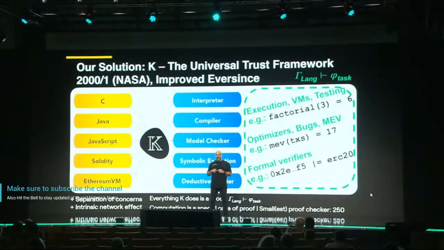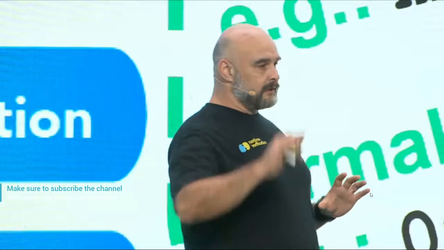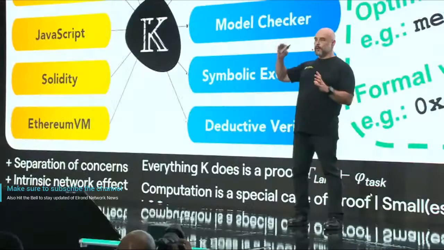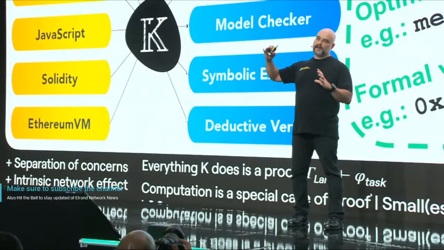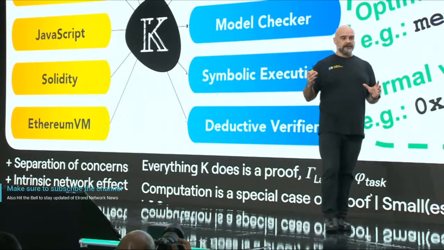So we started putting down the first ideas underlying the K framework, where this is how we address the two pain points. On the one hand, on the language side, we implemented in the K framework all these tools: interpreters, compilers, model checkers, program verifiers, symbolic execution engines, all the tools that you may need for a language.